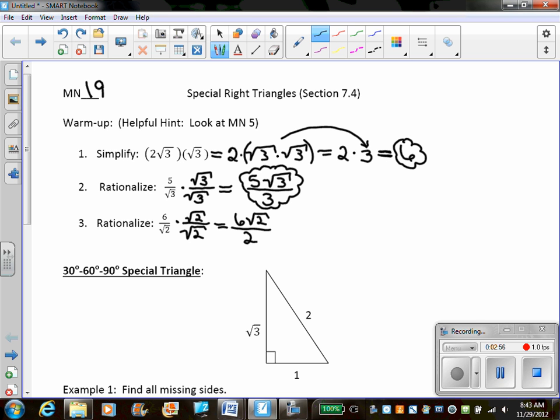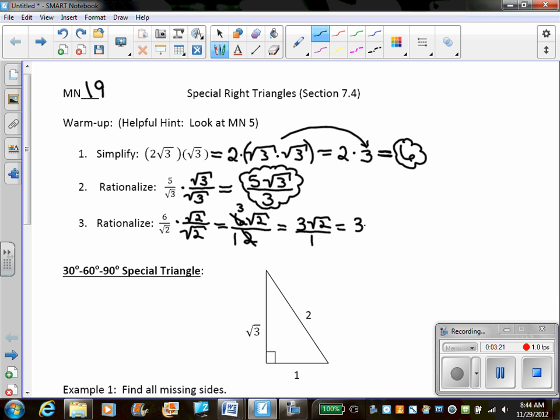But you notice that we have a 6 in the numerator, a 2 in the denominator, and we can simplify that down to 3 square root of 2 over 1. So essentially I'm going to divide the 6 by 2, which gives me the 3, and divide the 2 by 2, which gives me a 1. Now you could either leave this answer as 3 square root of 2 over 1, or better yet, just say 3 square root of 2.